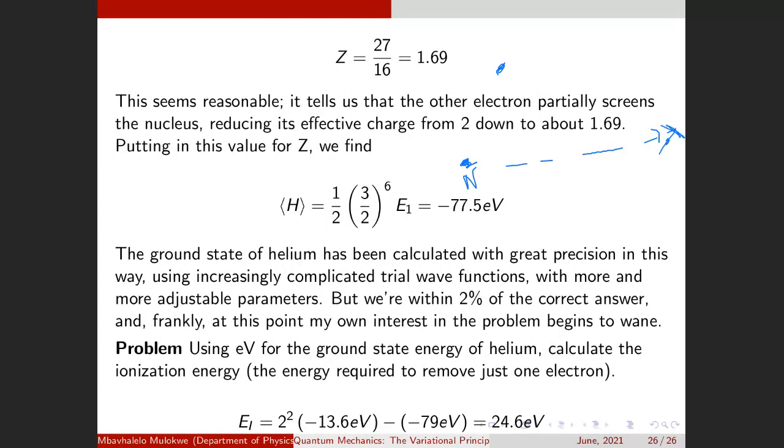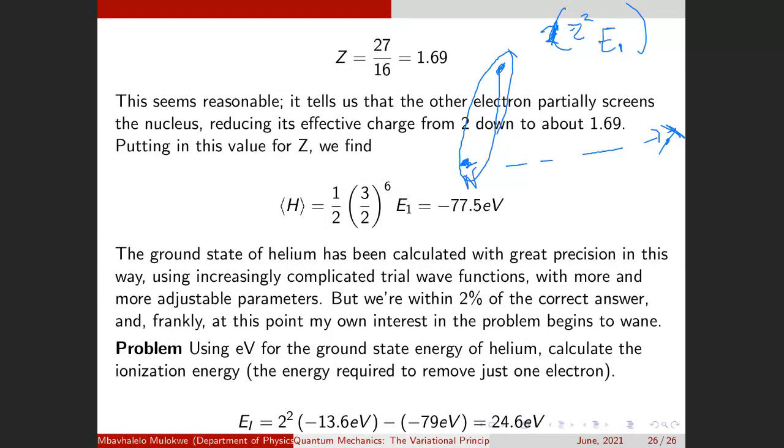Once this electron is removed, what is the energy of this one? The energy of this one you calculated is z squared E1.